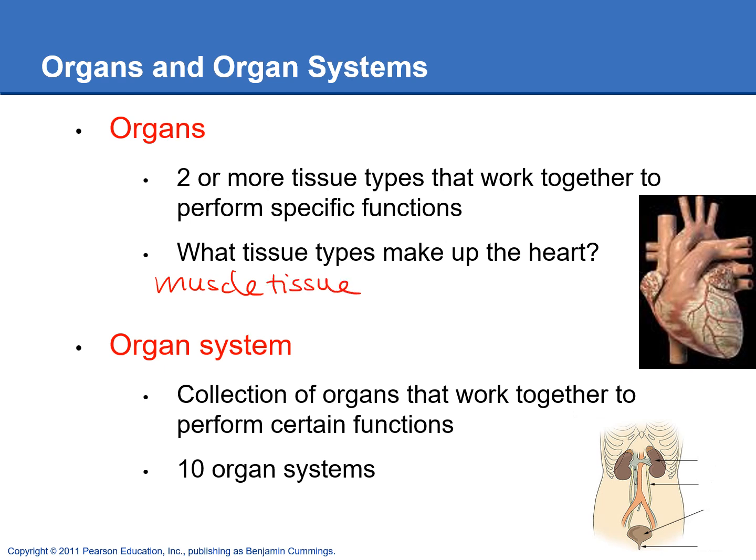And then the other type of tissue that's in the heart, there's certainly nervous tissue, because the heart is innervated by the autonomic nerves that will speed up or slow down your heart rate depending on what's going on. And we actually have more different tissue types in the heart as well, because the heart is hollow, right? So the chambers are going to be lined by epithelial tissue.